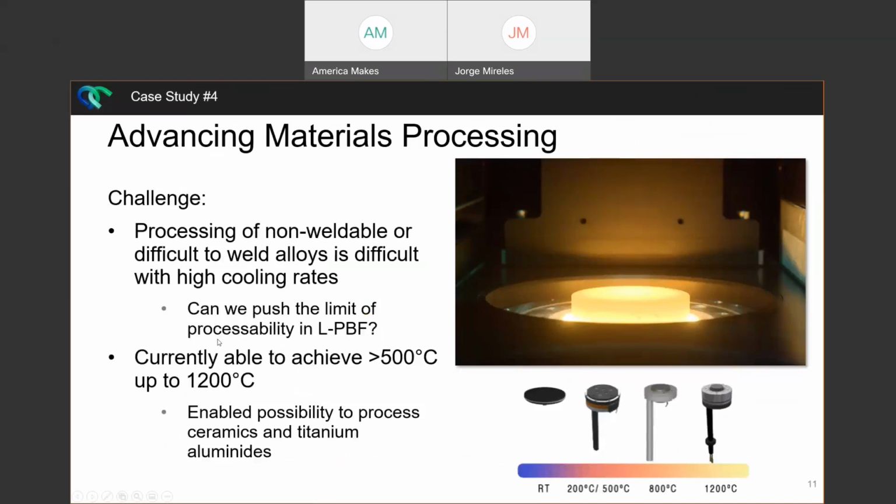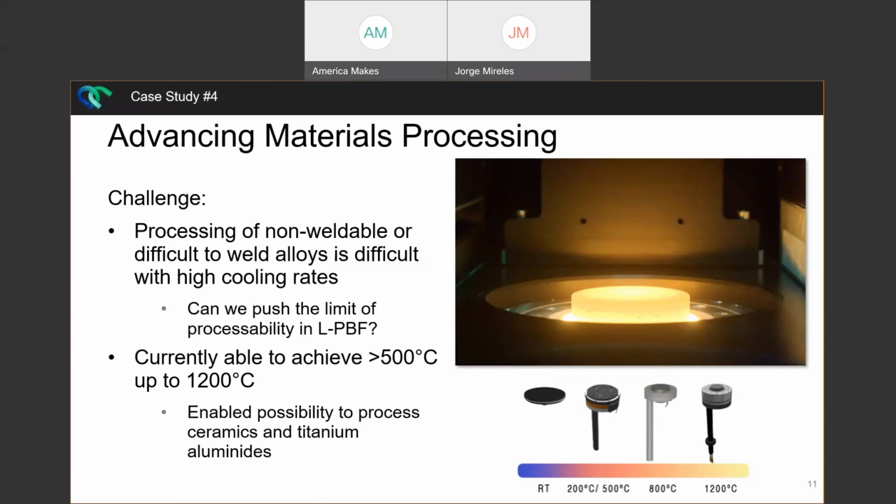Talking about in-situ preheating, another one of our unique offerings is heating going above and beyond what our typical box system can achieve, which has typically been around 500 degrees C. In fact, one of the inspirations for creating Econity in the first place was that our founder, Yves Hagedorn, was working on processing ceramics using laser powder bed fusion for his dissertation.